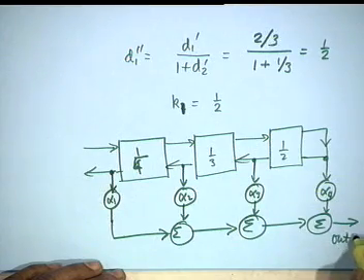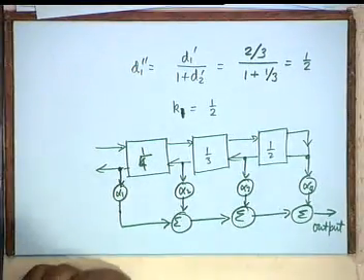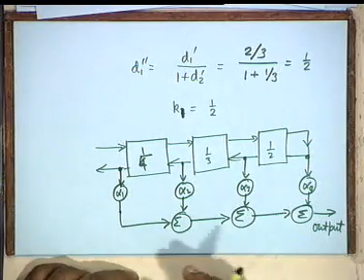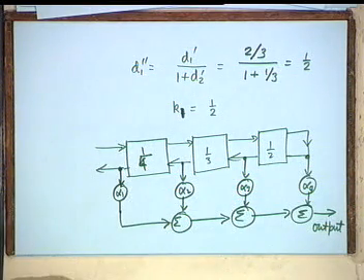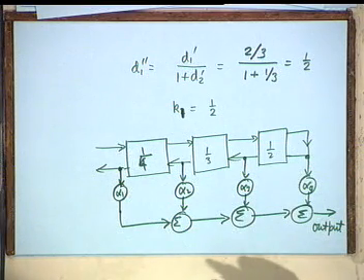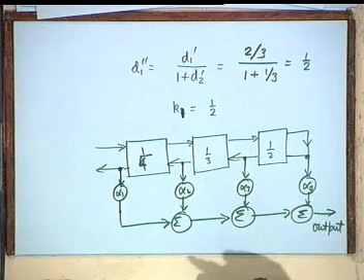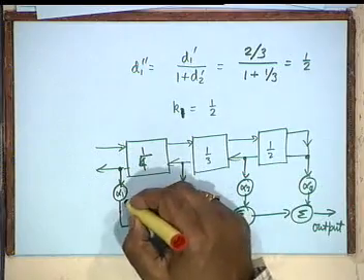This is my real output. And if you apply the same trick or the formulas that we have derived for the third order, my results come as alpha 1 comes as 3. Please do verify this.